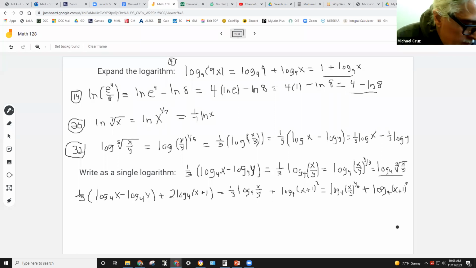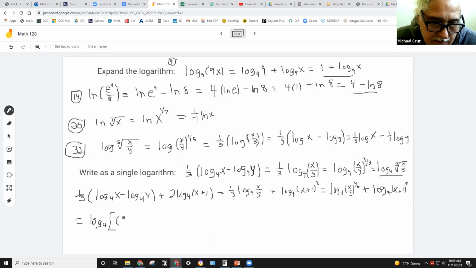All right, now are we finished? Well, no, we're not, because there's a plus here. So we can put these together as one single logarithm using the product rule. It's going to look kind of messy, but that's what it is.